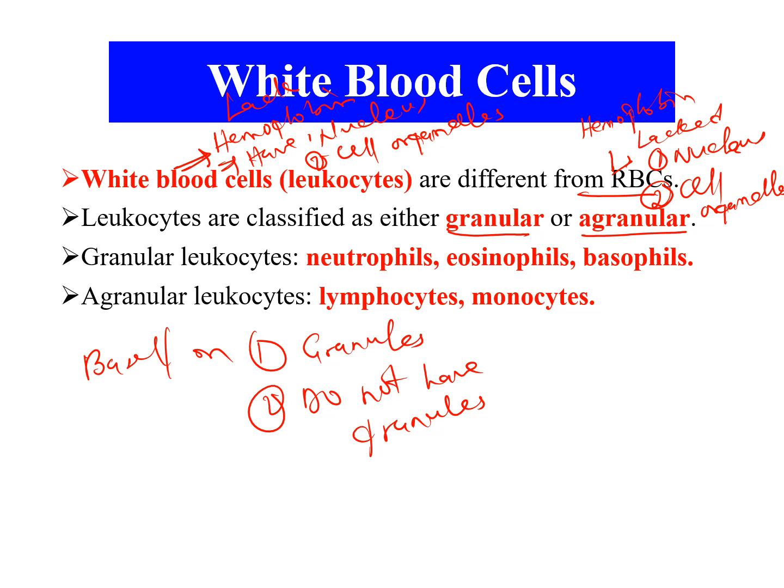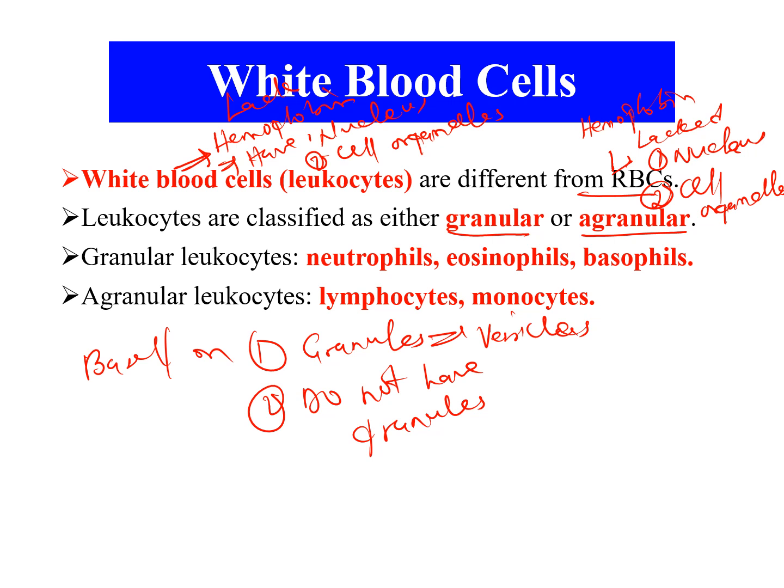Now, what are these granules? These granules, also known as vesicles, are components in the cytoplasm of these white blood cells that contain chemicals. The best analogy I can use is that you can think of these vesicles or granules as small plastic bags or pockets that contain materials inside them.